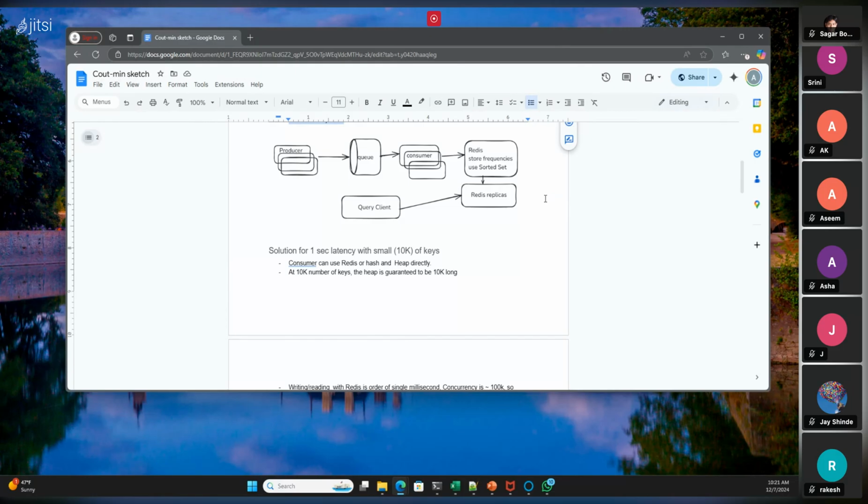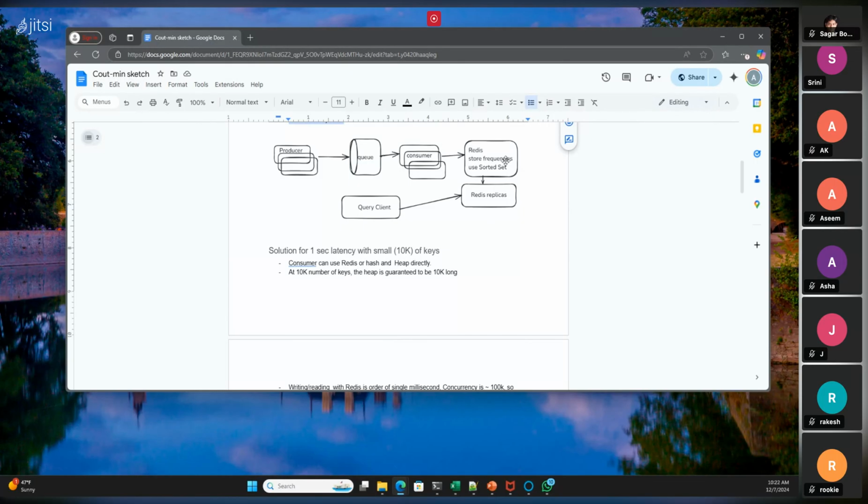That will be the number, and every time I have a new one, I increment the count. The consumer will be really like two-line code. It gets the ID and it calls increment by one in the Redis table.